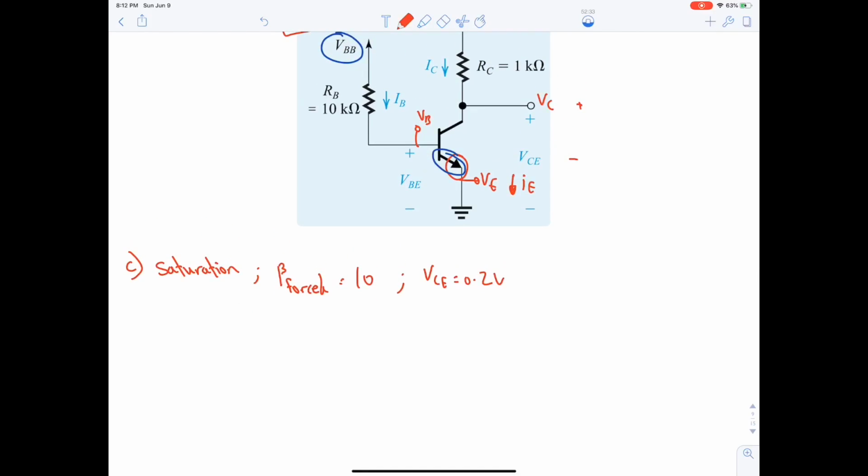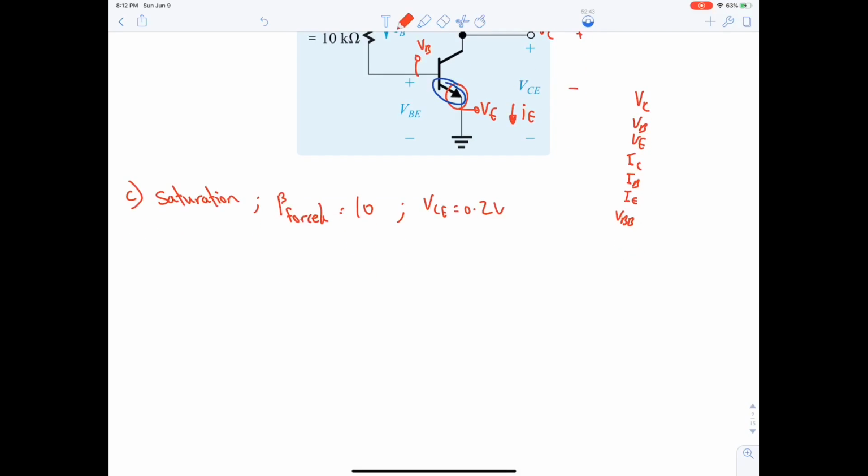Let's continue. Let's first write the list. VC, VB, VE, IC, IB, IE, and VBB. So I'm going to start with VBE. VBE is equal to VB minus VE. 0.7 equal to VB unknown. VE is 0. So VB is 0.7 volt.